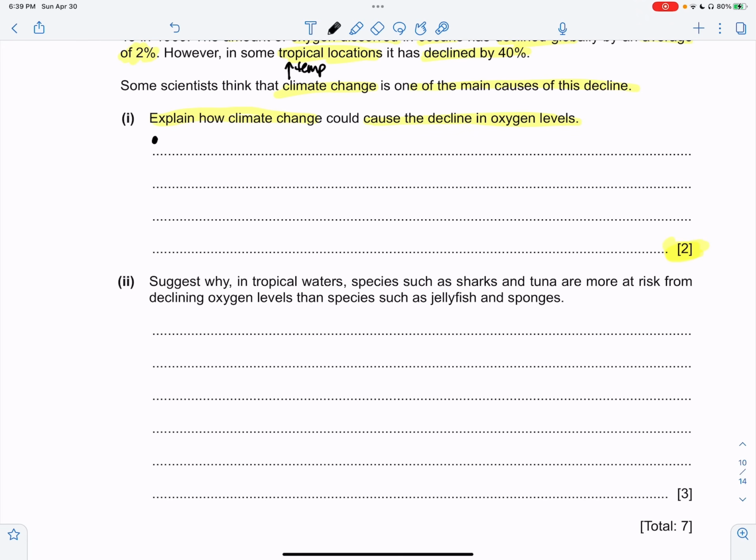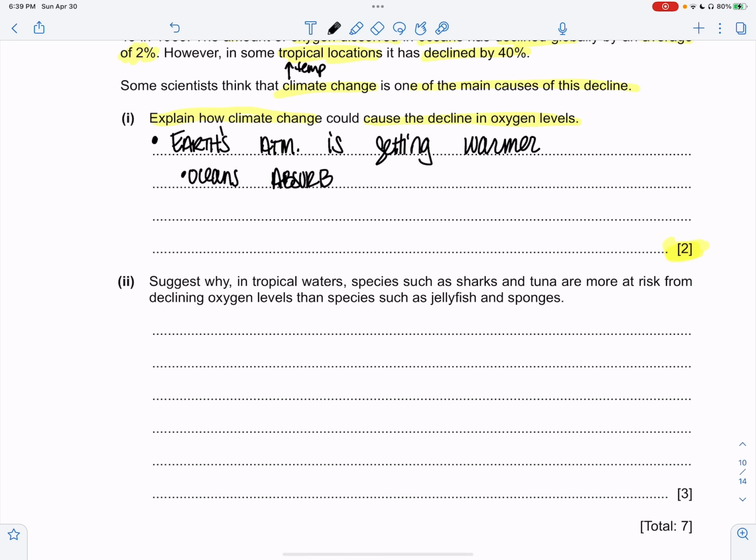Okay, but how could climate change cause this? All right, Earth's atmosphere is getting warmer. Oceans absorb the heat.